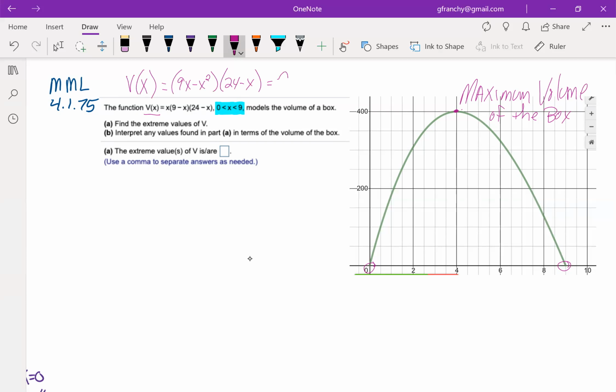And that's going to be 216x minus 9x squared minus 24x plus x cubed. So I'm going to bring that down here. So the volume of our box is going to be x cubed minus 33x squared plus 216x.